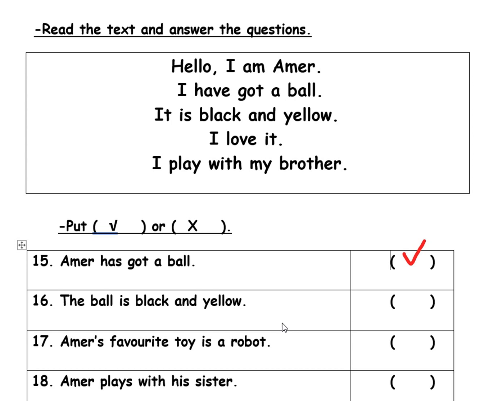Of course it is black and yellow. Now, number 17. Amir's favorite toy is a robot. Is that correct? Of course it's not, because he has got a ball and he loves the ball. Now, number 18. Amir plays with his sister. Is that right? No, Amir says here, I play with my brother. So this one is incorrect.